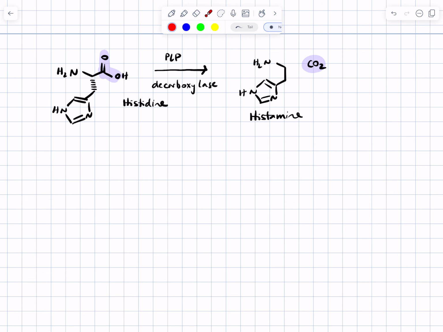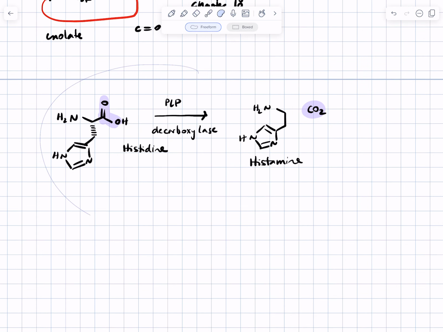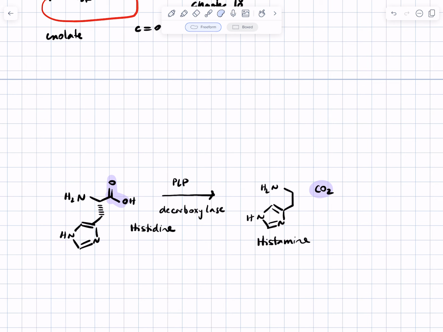PLP you've seen before. This is pyridoxal phosphate. It's an aldehyde, and it forms imines, I-M-I-N-E, an imine with amino groups. So here's the aldehyde. Let's see, that carbon should have been a nitrogen.